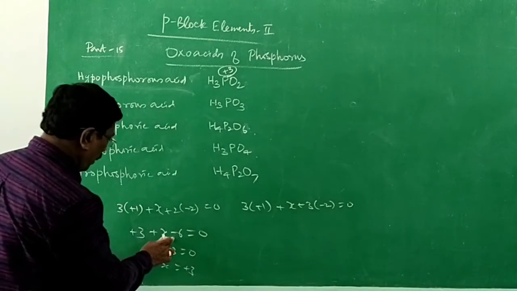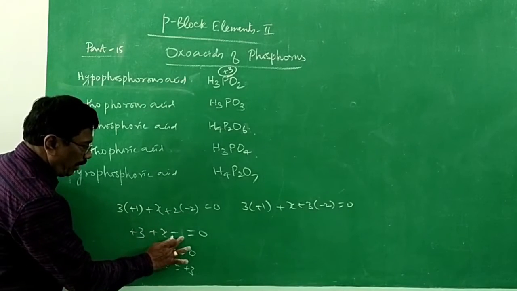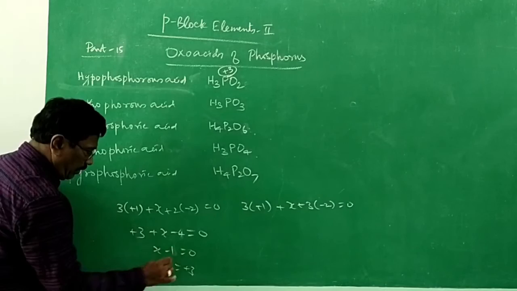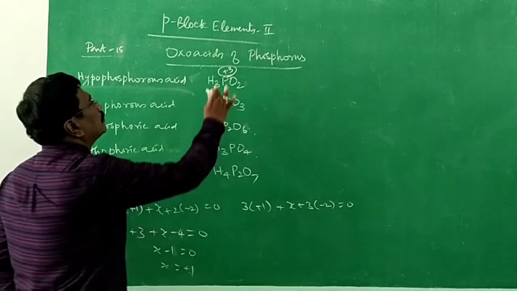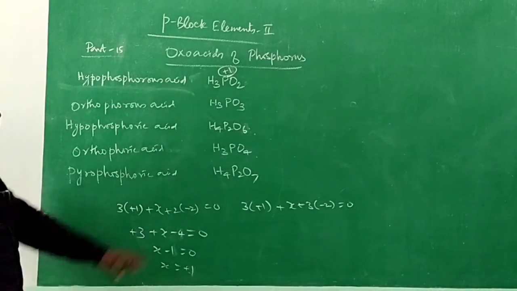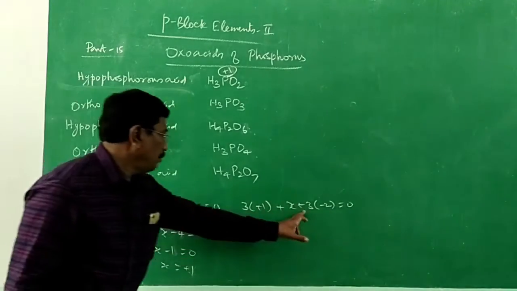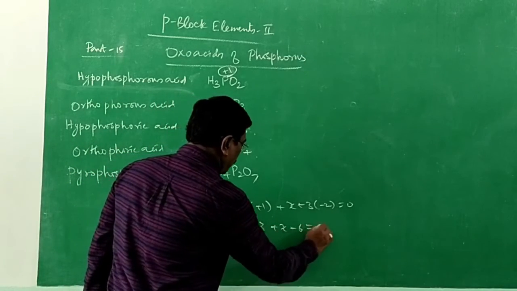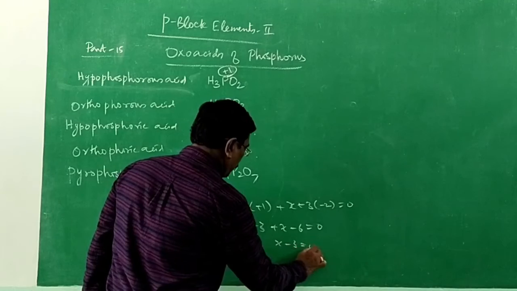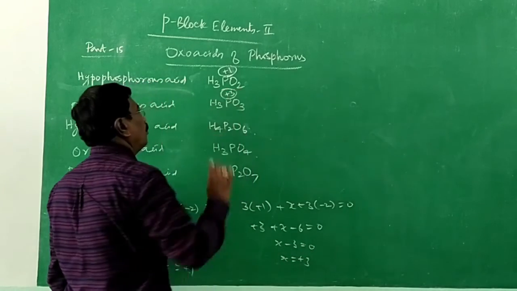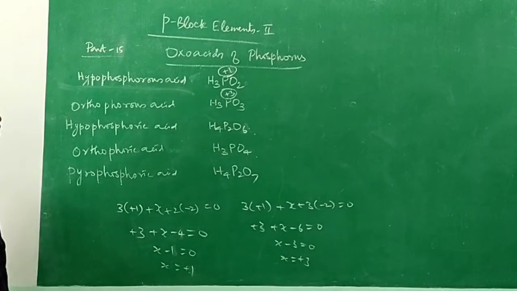Sorry, here we had calculated wrongly earlier. Here 3 into minus 2 is minus 6, plus 3, plus X is equal to 0. X minus 3 is equal to 0, X is equal to plus 3. The oxidation state of phosphorus in orthophosphorus acid is plus 3.